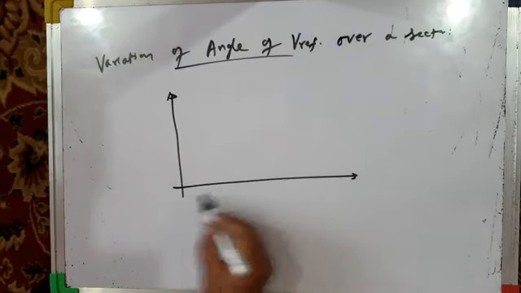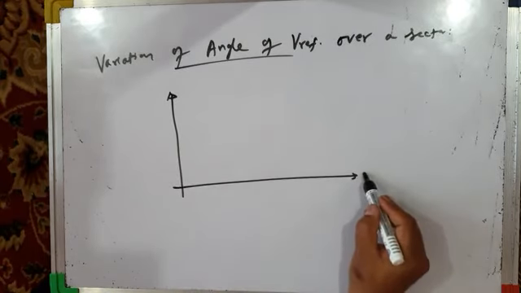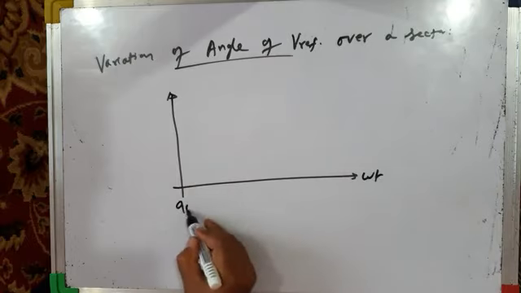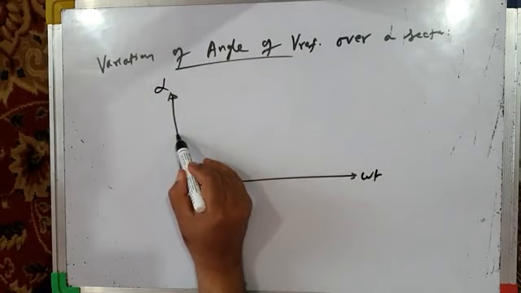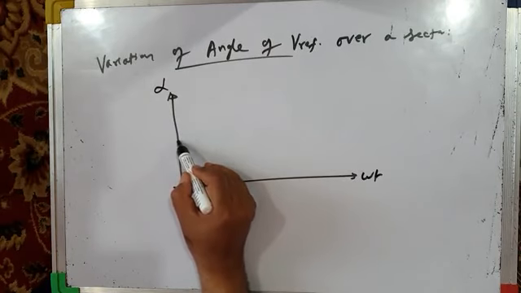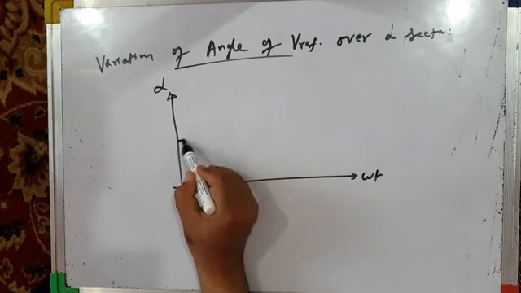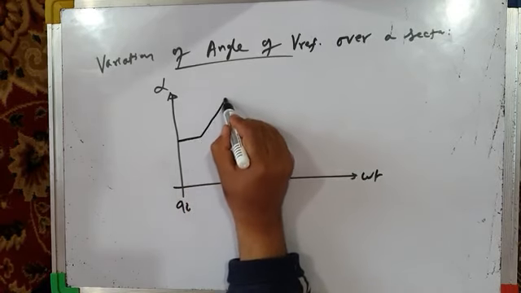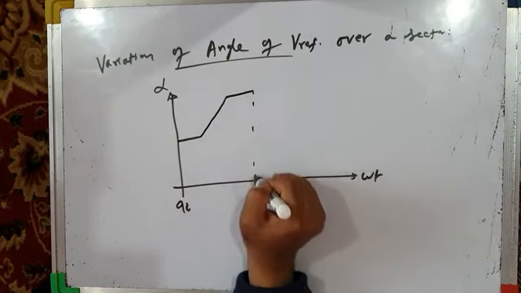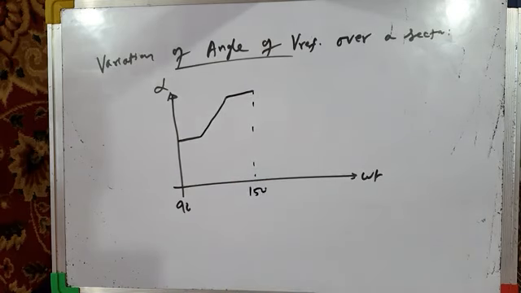We can take again, this is omega t, 90 degrees to 150 degrees, and this is alpha. It's something like this. It remains here, and it goes like this, then it remains here. This is 90 to 150 degrees.